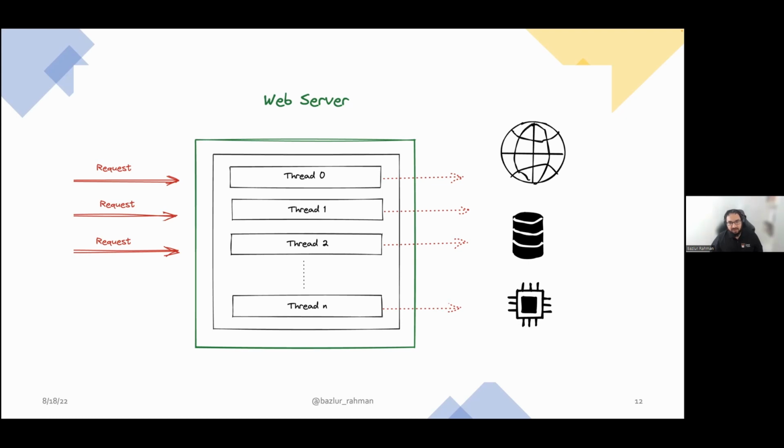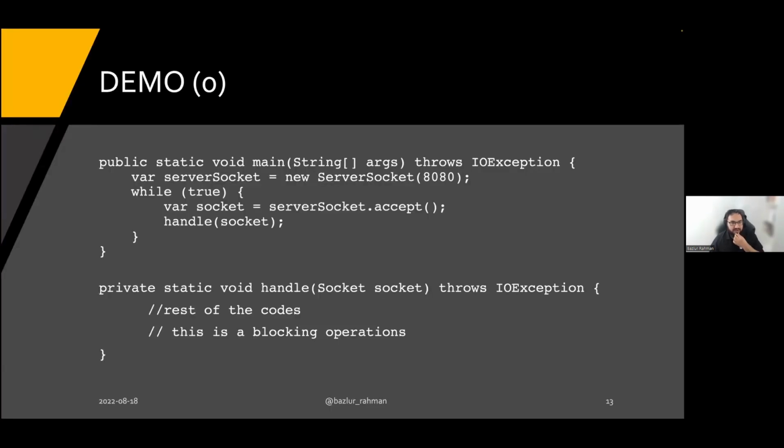All right, so I had a few demos over here. The demo is basically the same thing I have discussed so far. This is a very basic web application server. It opens on port 8080 and then waits for a socket to connect. Once a request gets into it, it just serves it.